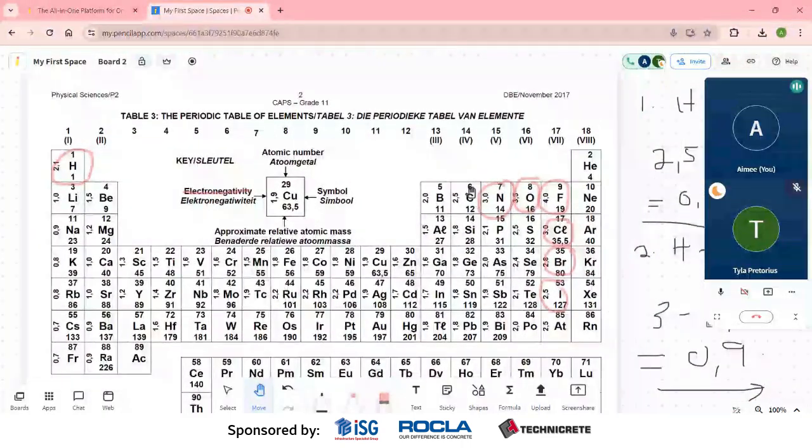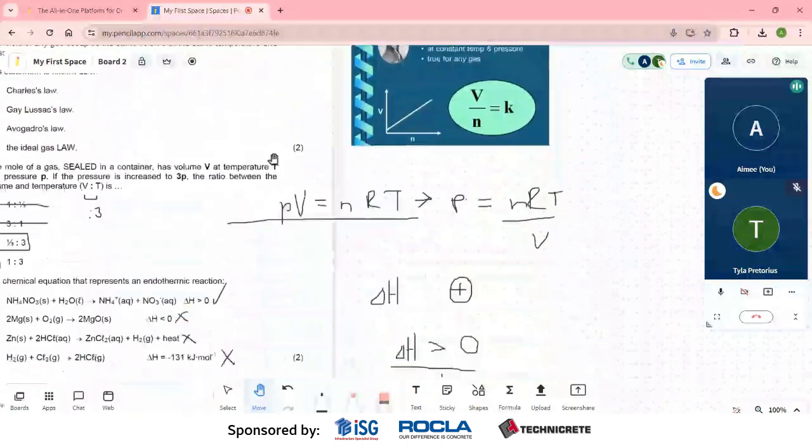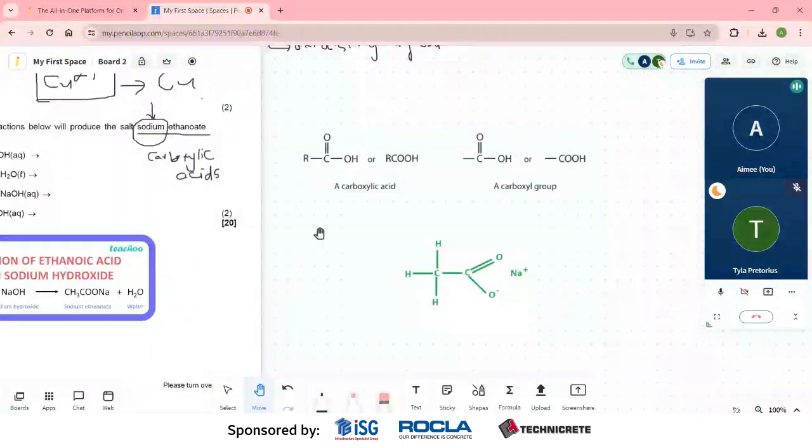Here's carbon. Carbon is in group 14, otherwise known as Roman numeral 4. And this Roman numeral tells you how many valence electrons group 14 has. So carbon has 4 valence electrons, which means carbon is the only one capable of forming 4 bonds.